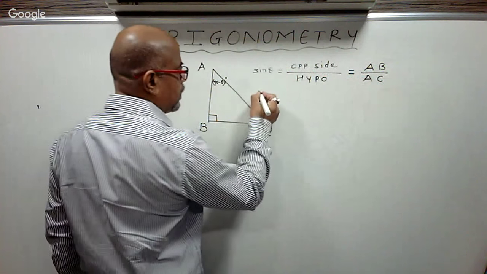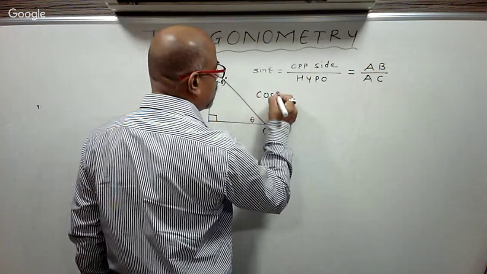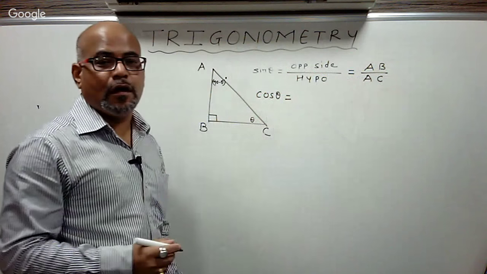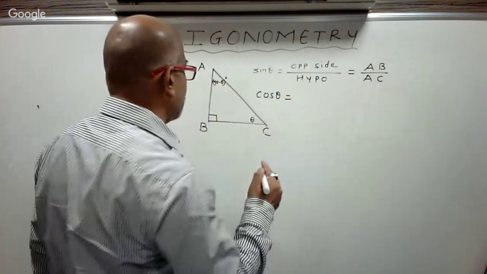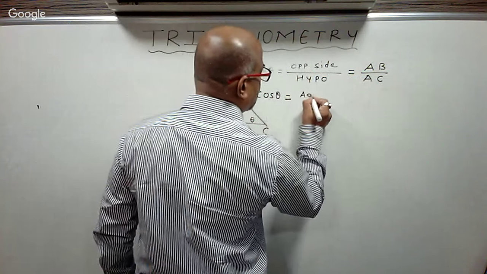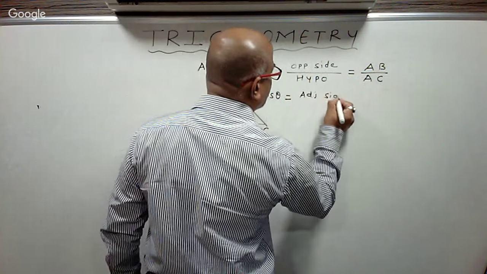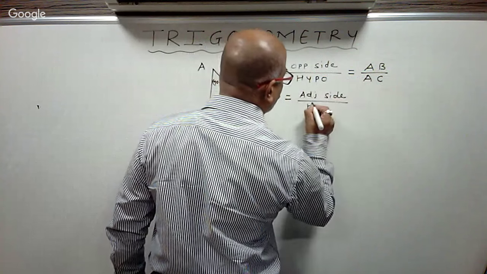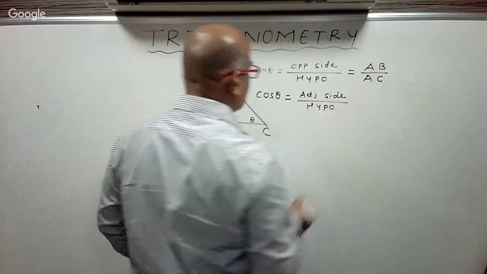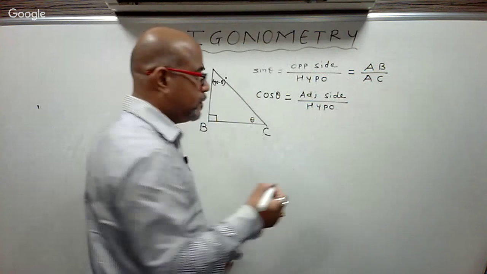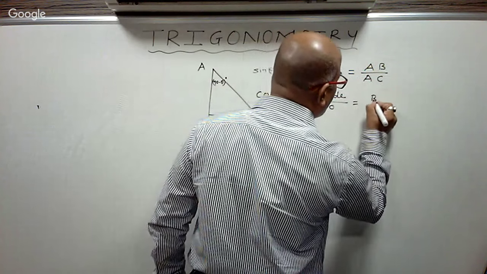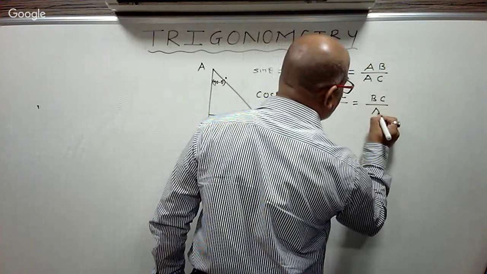Then cos theta, the second ratio, equals adjacent side upon hypotenuse. Now the side adjacent to this angle theta is BC, and we know that hypotenuse is AC.